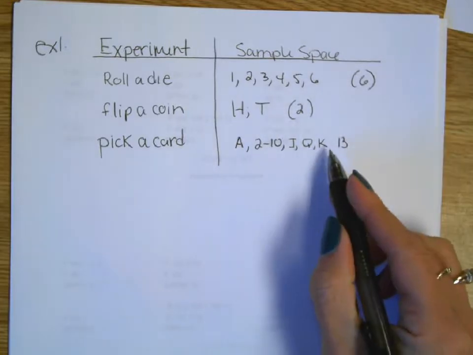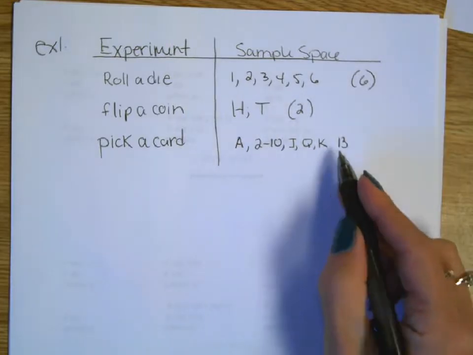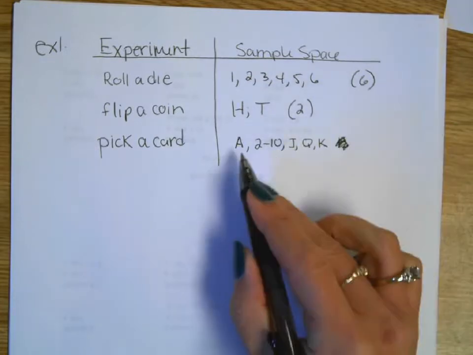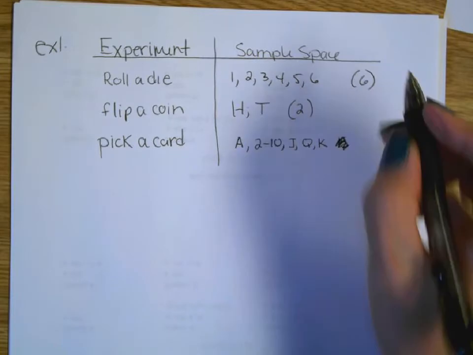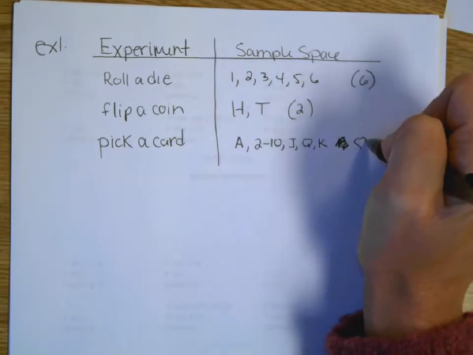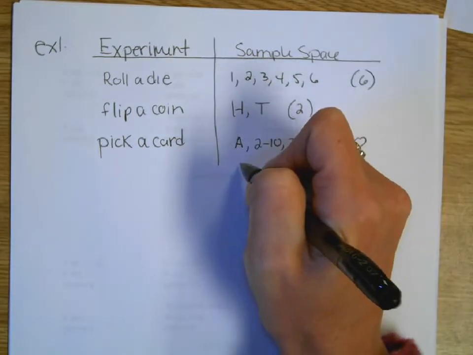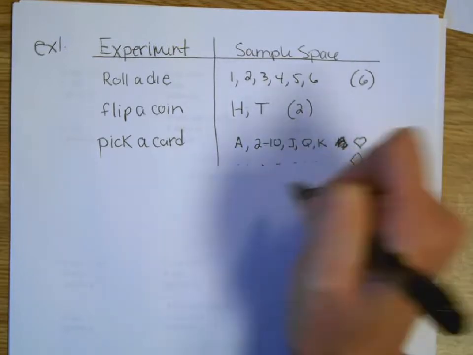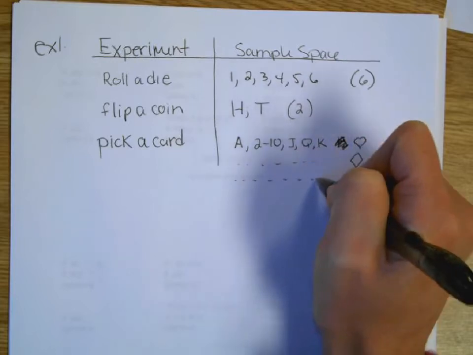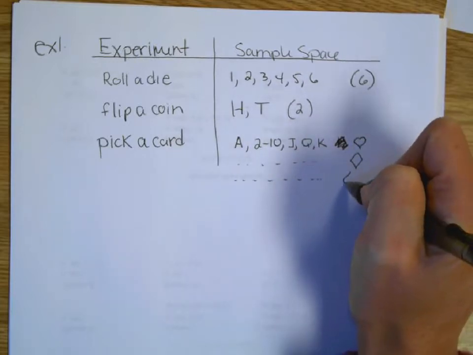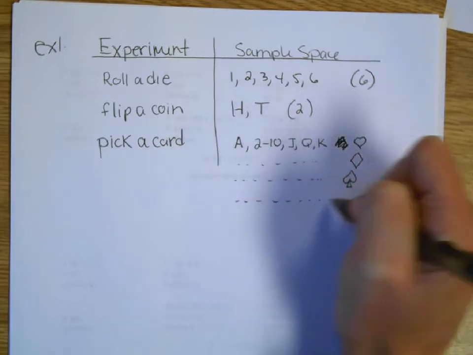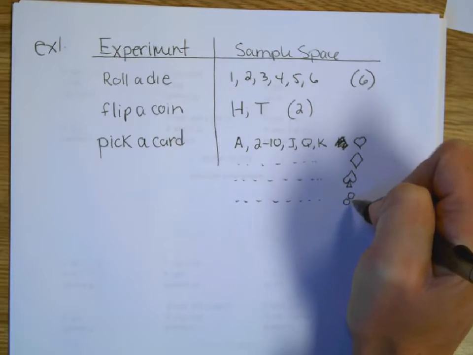And they have those in 2 different colors and 4 different suits. So I'm going to write that off to the side. We've got ace, 2 through 10, jack, queen, king. We can have that in hearts. We can have the same thing in diamonds. The same cards are in spades, which is the upside down heart with a little tail. And then we have those same 13 cards in clubs.